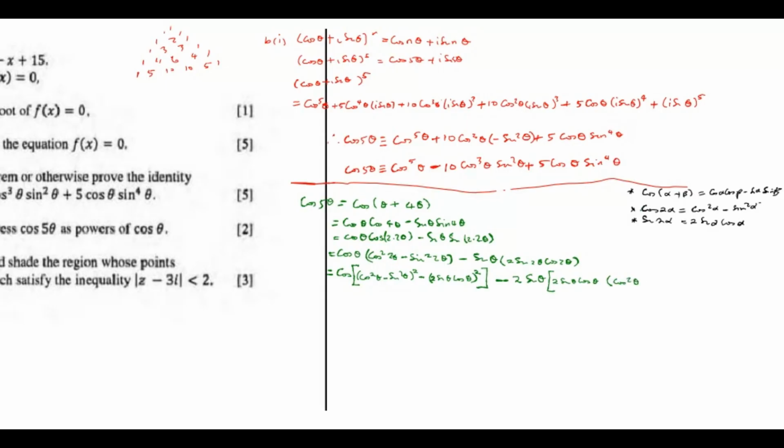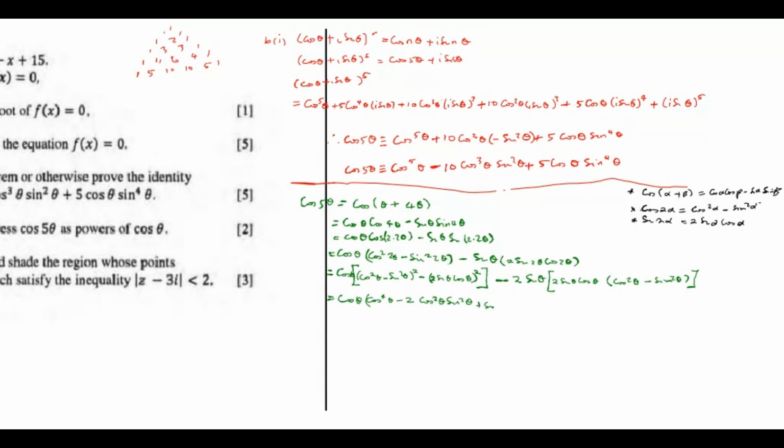We expand. So here we are having cos theta outside. Then we expand. So it simply means this one becomes cos to the power 4 theta minus 2 cos squared theta sine squared theta plus sine to the power 4 theta.